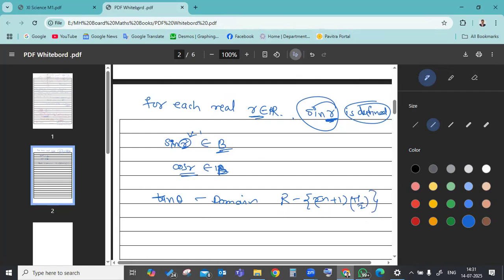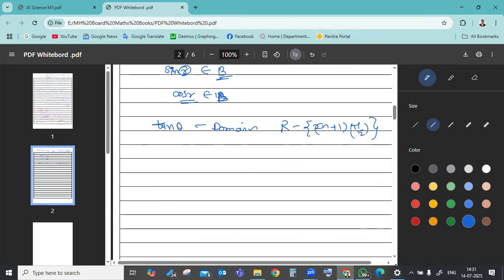What does it mean? See, n is a natural number. Say n is equal to 0, then it will be 1, and n is equal to 1, then it will be 3. So 1 pi by 2, 3 pi by 2, then 5 pi by 2, then 7 pi by 2, then 9 pi by 2, and so on.